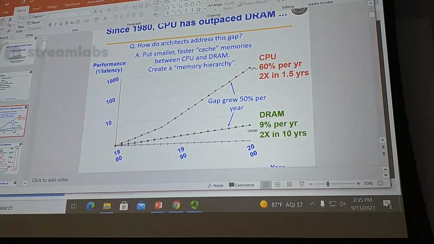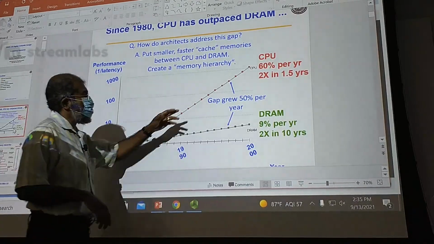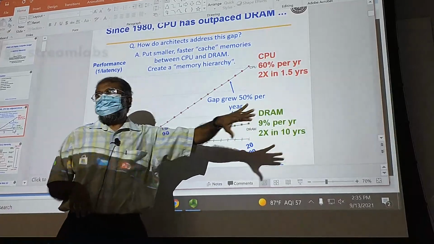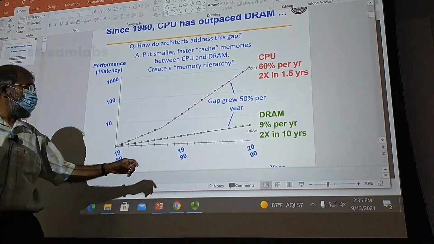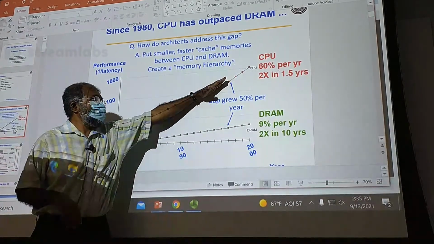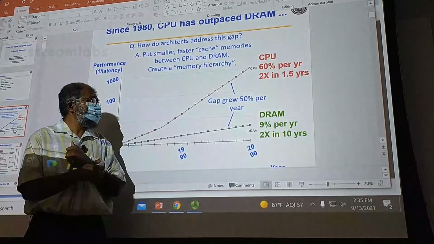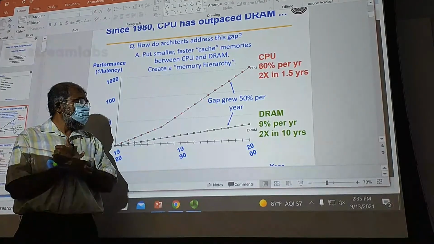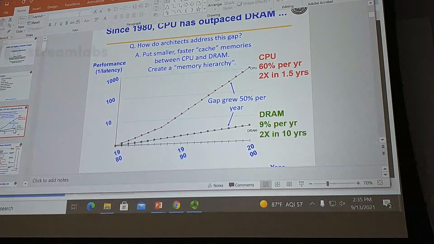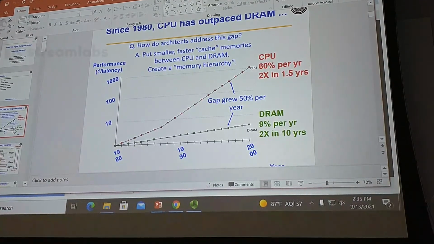So we call this the processor memory gap, or more commonly the memory wall, meaning whatever you do to get performance in the processor, unless you do something about the memory also, that memory will end up being the bottleneck.